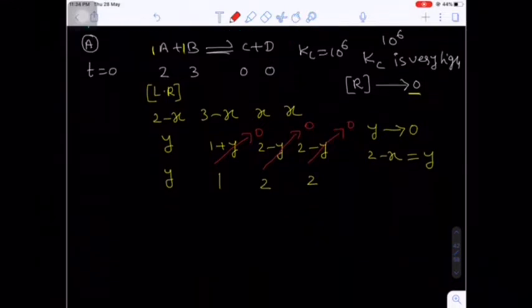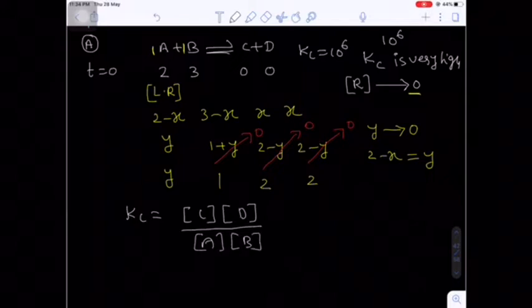Now here, what is the expression for Kc? Kc is equal to the concentration of C multiplied by D, whole divided by the concentration of A multiplied by the concentration of B. Now what is the Kc value given to you? 10 raised to 6.